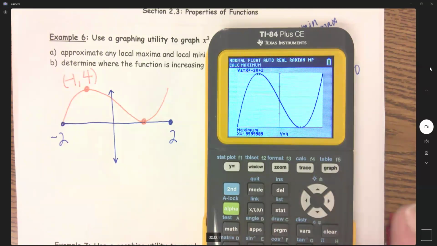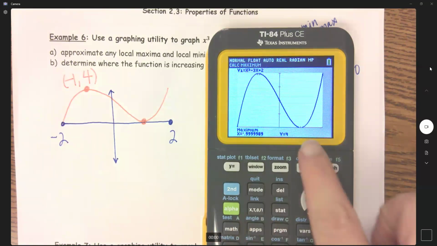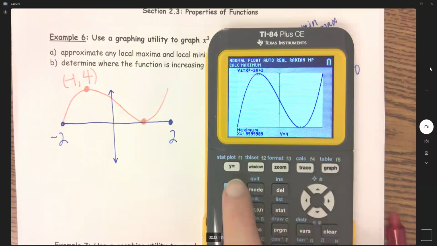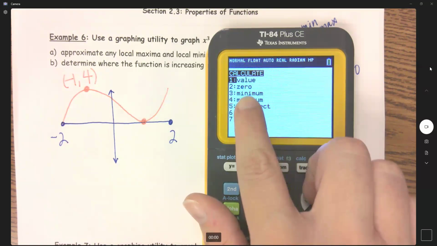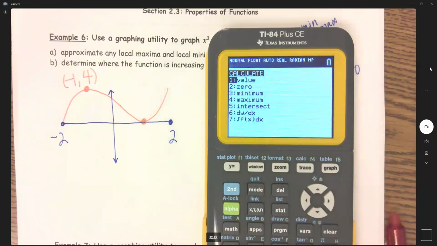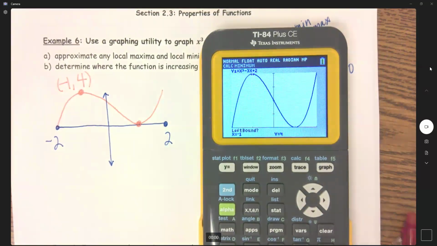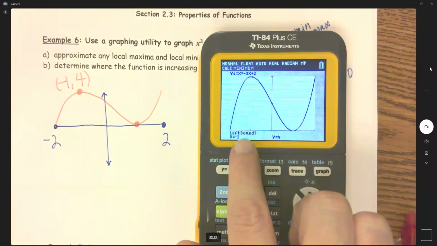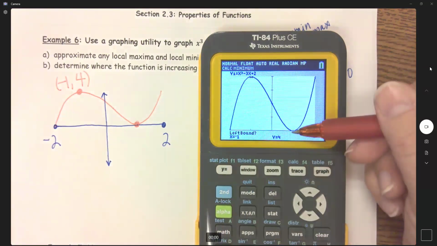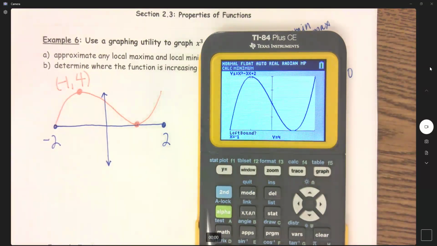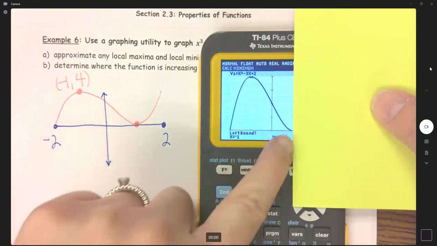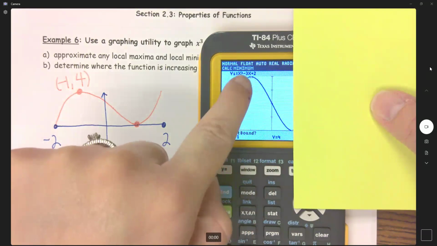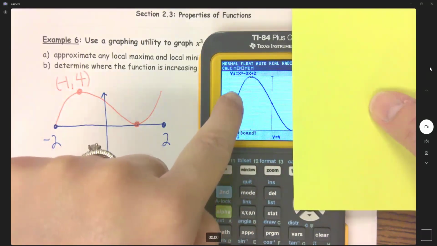So now we have to do that process again. I'm gonna go a little bit faster this time to get my local min. So I'm gonna go second, trace, and now I want minimum. So you can either arrow down or just hit 3. And now it's gonna walk you through it again. So left bound. If I am finding this min here, I need to go somewhere to the left of that min, but I don't want to go so far left that I go to the other side of this local extrema.